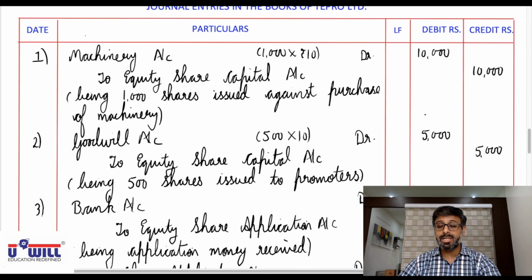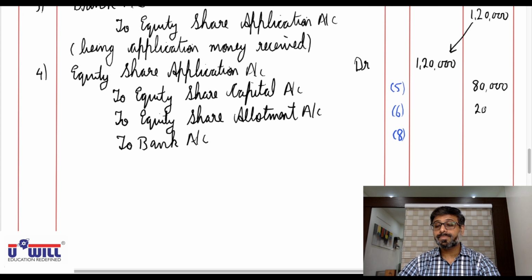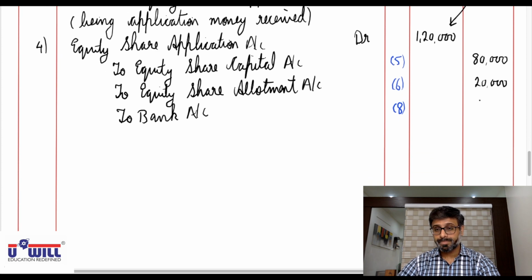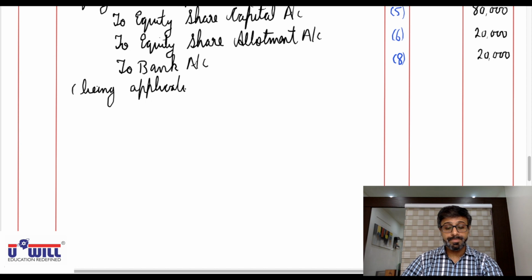So 80,000, 20,000 and 20,000. Being application money transferred.